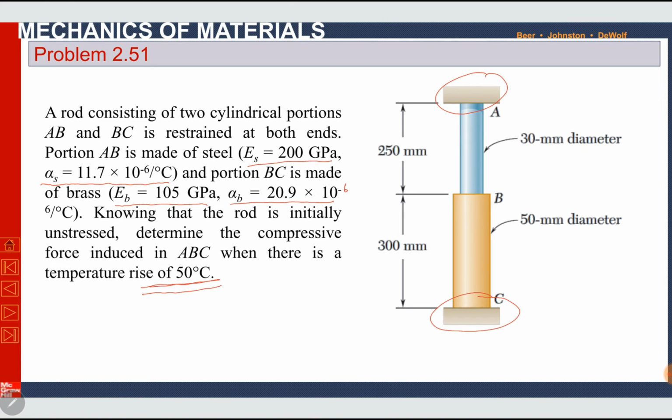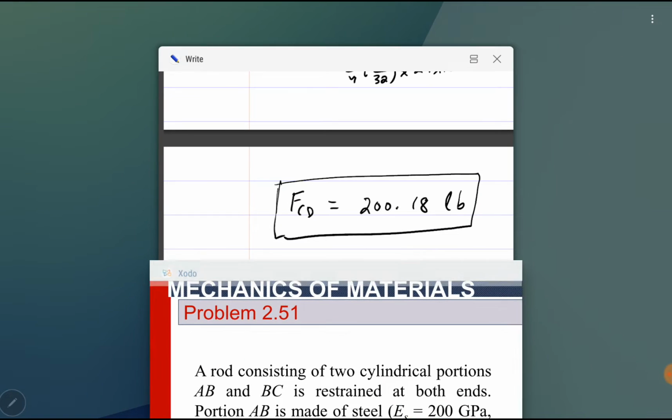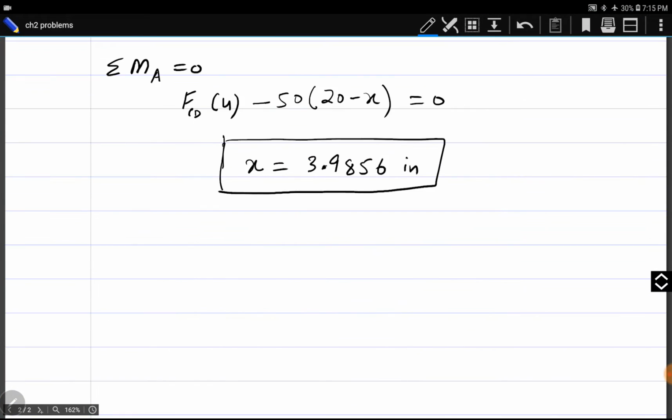So the rods will try to elongate, and they cannot elongate because they are restrained at point A and point C. If we stop the thermal elongation, there will be thermal stress. And if there is a thermal stress, it means there is a load. So we have to find that compressive load, compressive force. This is a statically indeterminate problem. We have to solve it using the principle of superposition. Problem number 251.